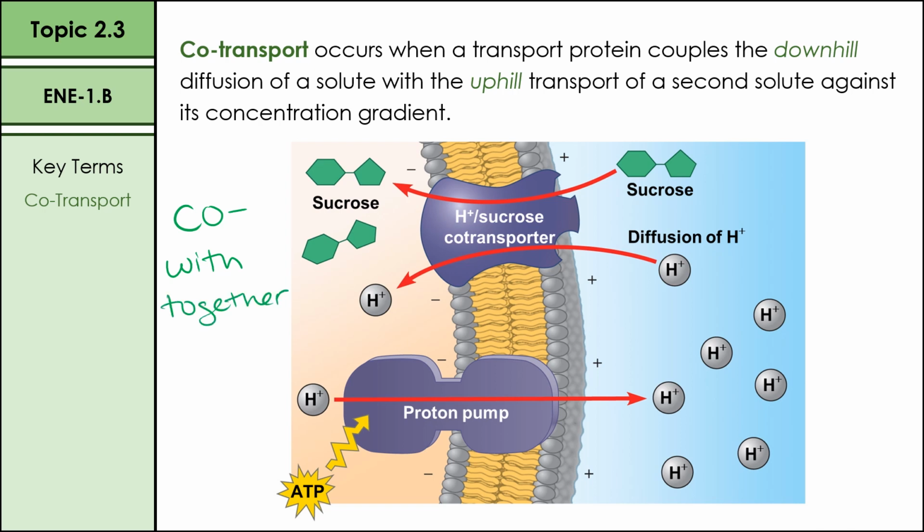In these cases, we have two protein channels, one of which is requiring energy to move and then allowing simple diffusion to move something into the cell that would normally require energy. So we've got two proteins working together to get materials into the cell.